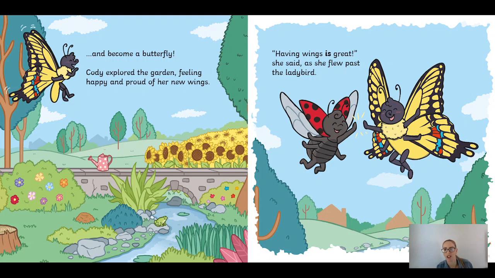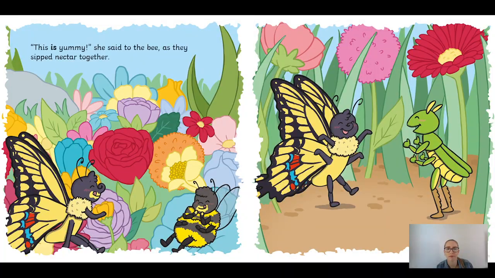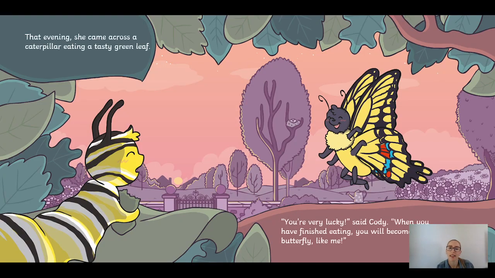There they are giving each other a high five. "This is yummy," she said to the bee as they sipped nectar together. "And 6 legs is plenty," said Cody as she landed next to the grasshopper. That evening she came across a caterpillar eating a tasty green leaf. "You're very lucky," said Cody.